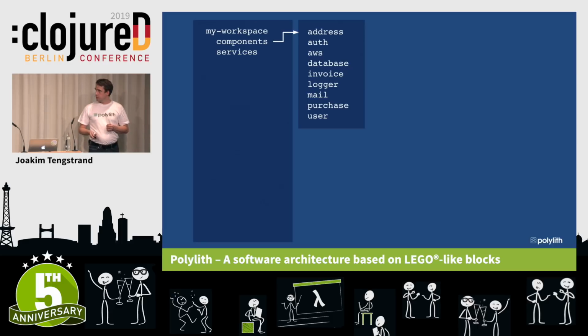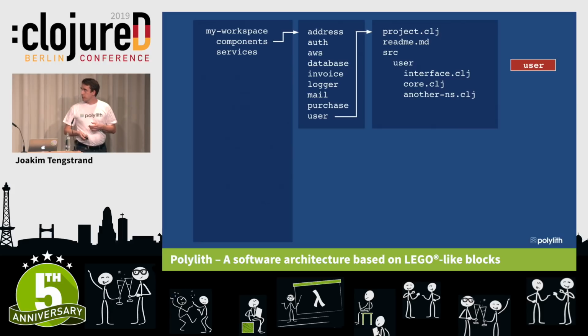If we expand one of the components and look in that, this is our component here. We have a build file, project.clj in this example. This file guarantees that we can compile the component in isolation. That's the purpose of this build file. Then we have some documentation here, a README file, and a source folder.